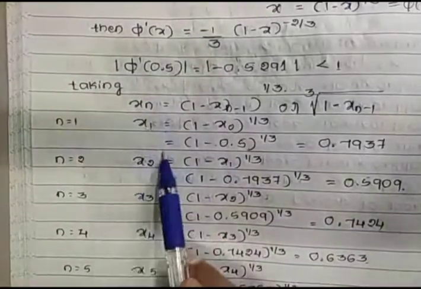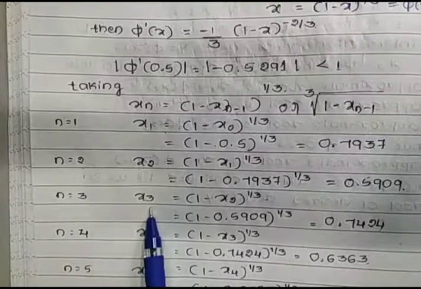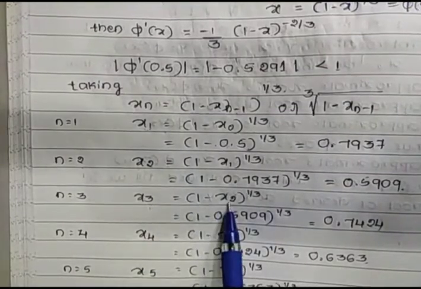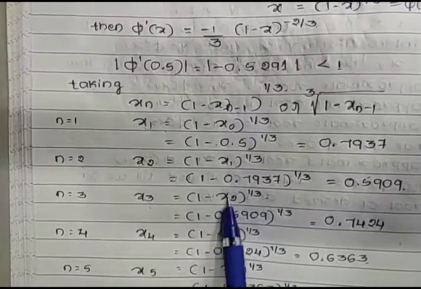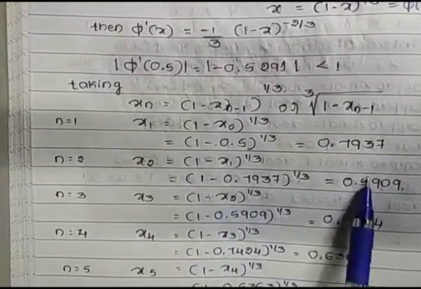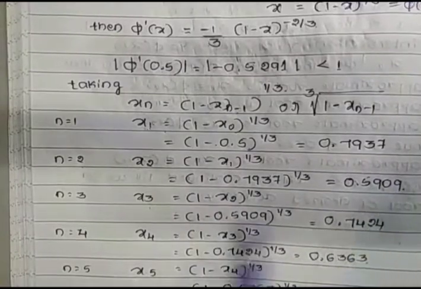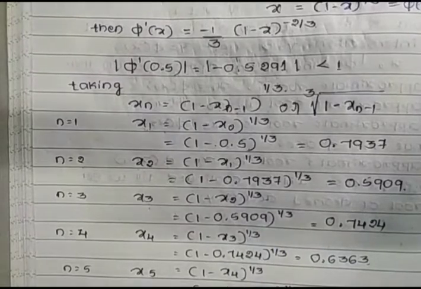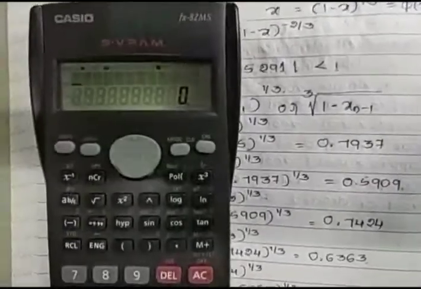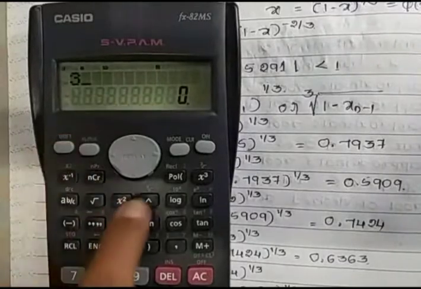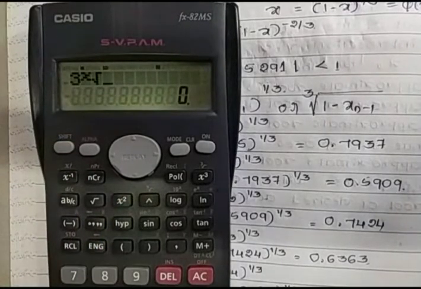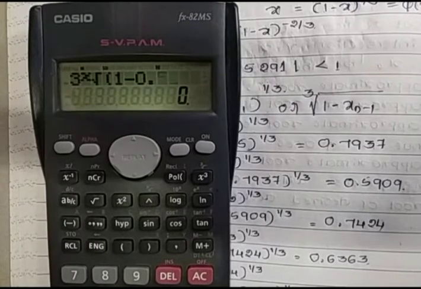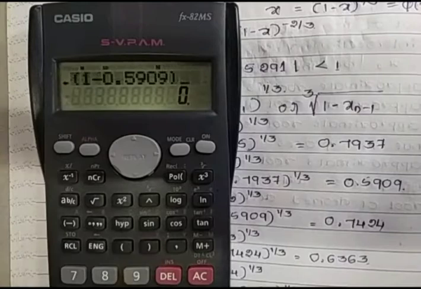First iteration, second iteration. Go for the third one. x3 is equal to (1 minus x2) raised to 1 by 3. Now x2 means the previous result, that is 0.5909. So 1 minus 0.5909 raised to 1 by 3. Again, first press 3, shift cube root button, then in brackets 1 minus 0.5909, complete the bracket.